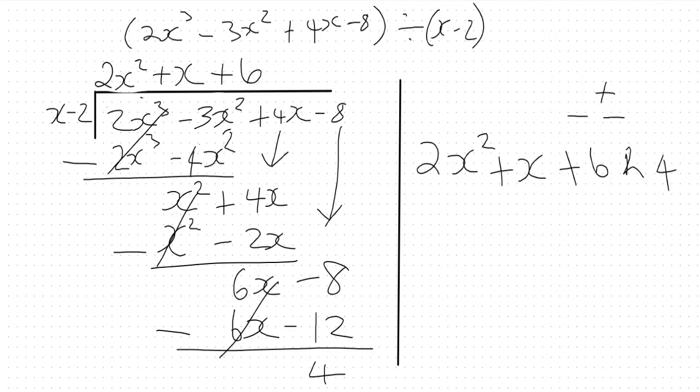We would normally express our remainder as a fraction of our divisor. So our answer can be rewritten as 2x squared plus x plus 6 plus 4 over our divisor, which is x minus 2.